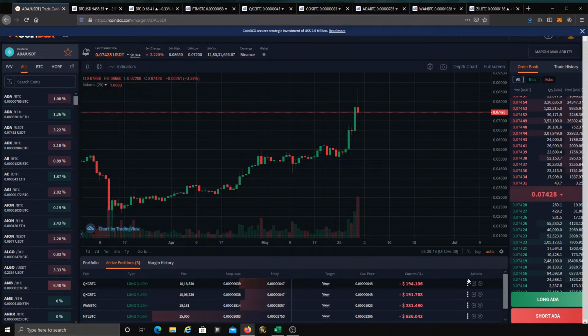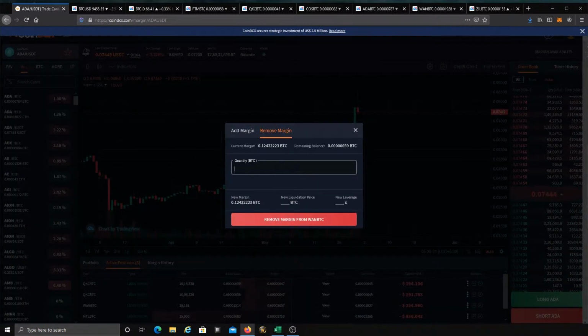Okay, same for remove margin. So look at WAN right here. I have a 3x long, so I can do a remove margin. Now you see that I want to take some of that position out, so it's going to raise my leverage. We had it open at a 3x.